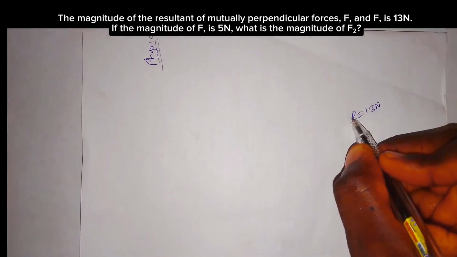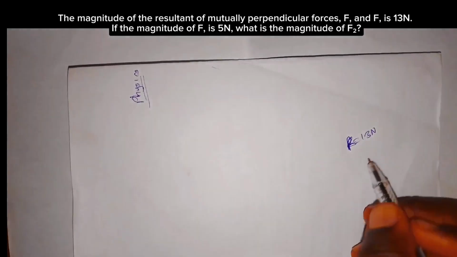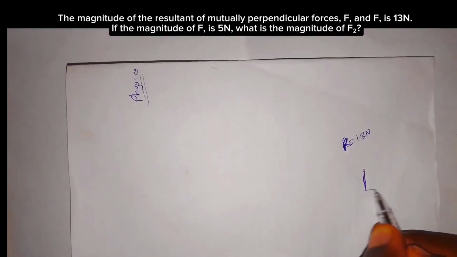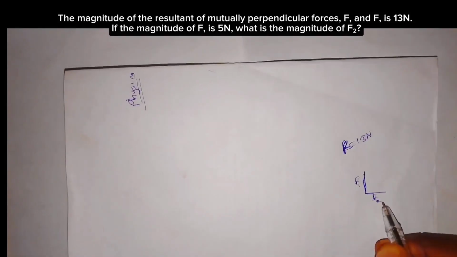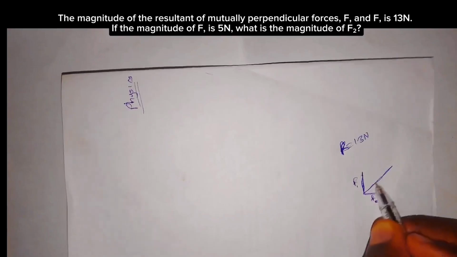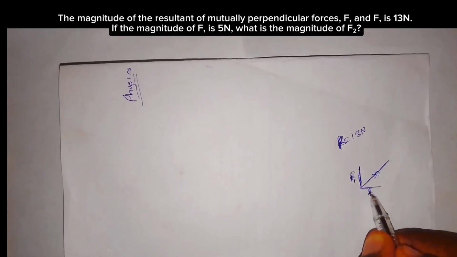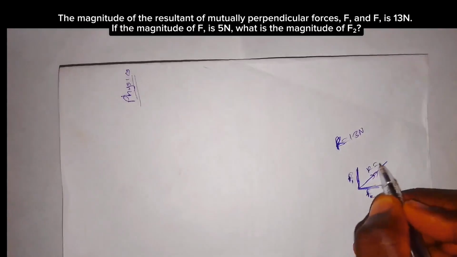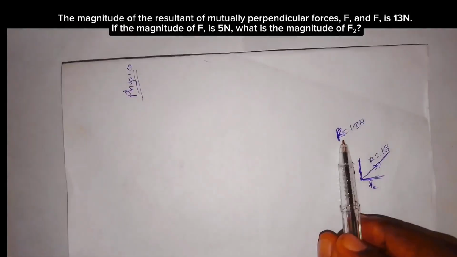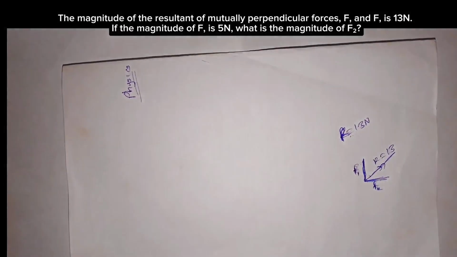They are telling us that the resultant of two forces F1 and F2 that are perpendicular to each other is 13. That is what the question is talking about.